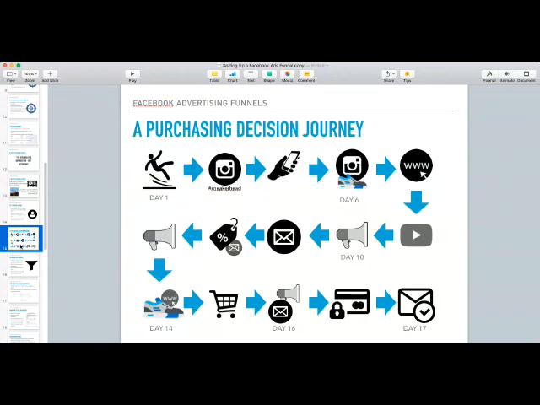But then about 4 days later, I was on Facebook and I got the first ad.